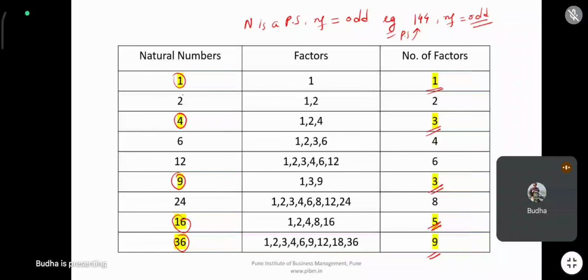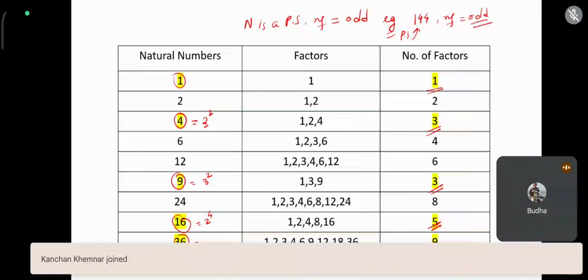Now 4 is made up of only one prime number. Look at this. 9 is made up of only one prime number. And 16 is also made up of only one prime number. But 36 is made up of two prime numbers. Which ones? 2 and 3. Clear? So whenever such a situation comes, we are not concerned with multiple prime numbers.